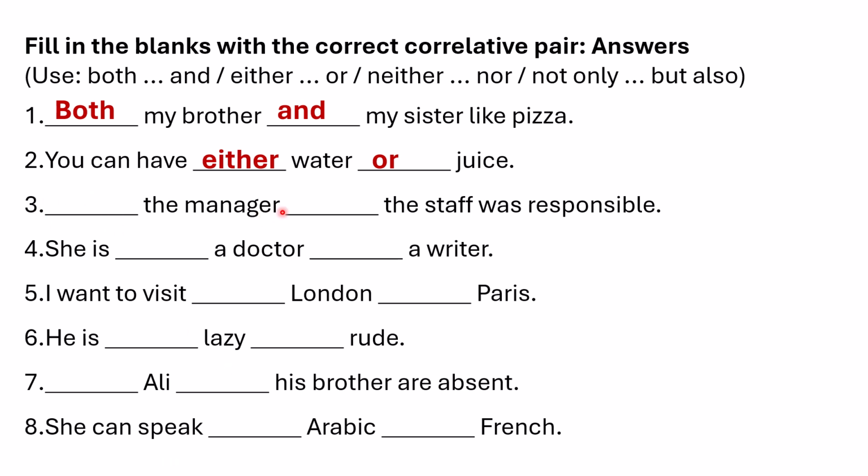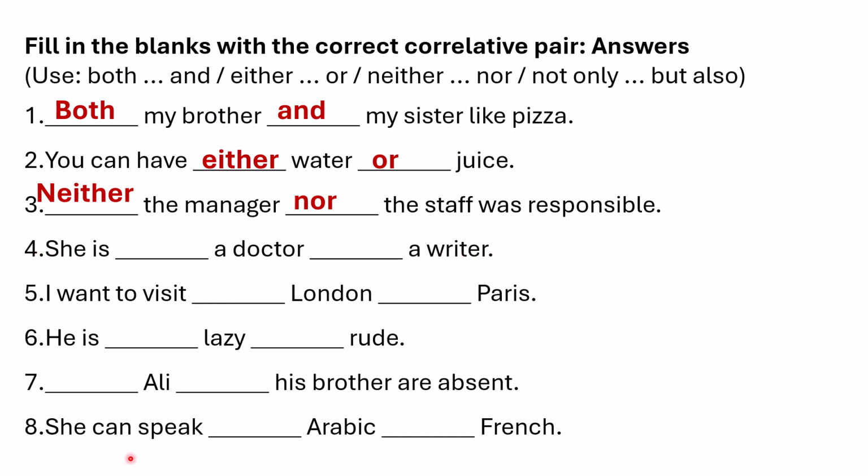Dash the manager, dash the staff was responsible. So here people are asking who is responsible for such a thing happening. So here the answer you can say that neither the manager nor the staff was responsible. Next, she is dash a doctor and dash a teacher, a writer.